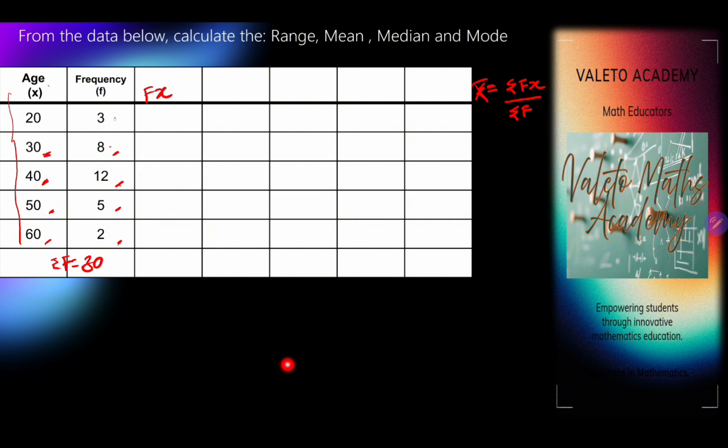So 20 times 3 will be 60. 30 times 8, 3 times 8, 24, that's 240. 4 times 12 is 48, that's 480. 5 times 5 is 25, that's 250. And 6 times 2 is 12, that's 120. Okay, so all we need now is to get the total of the f times x.